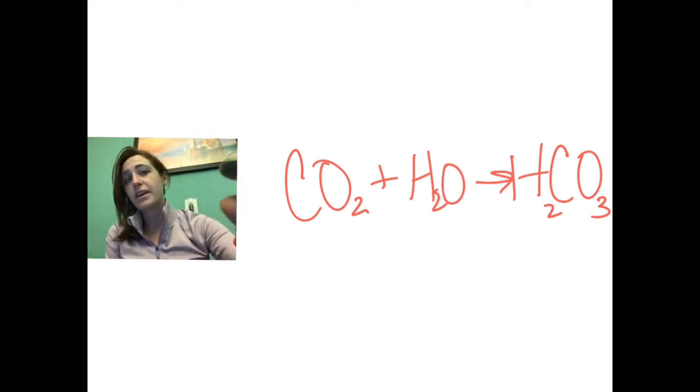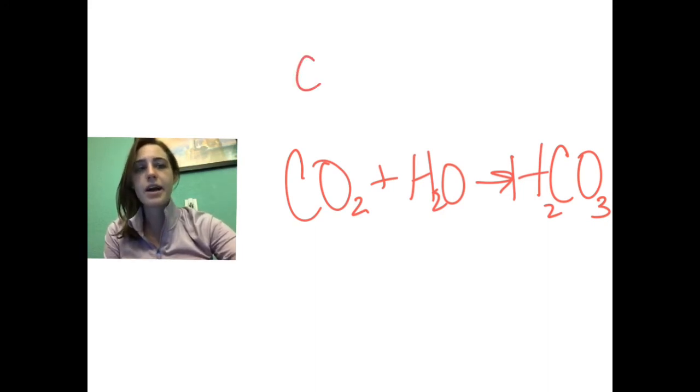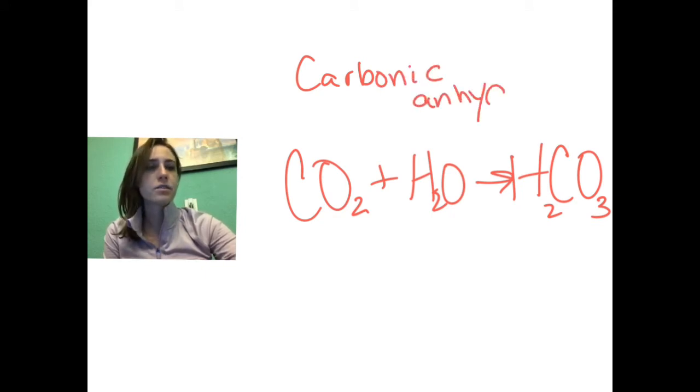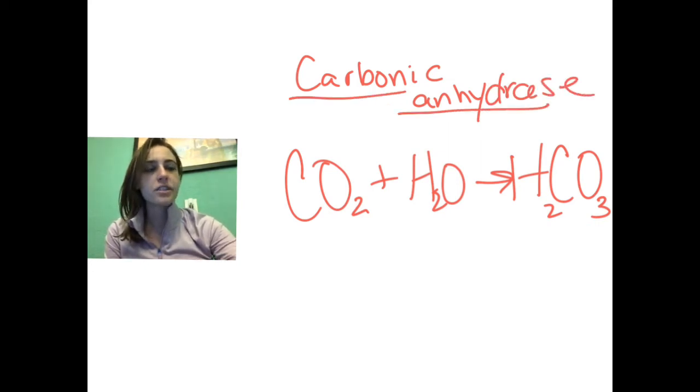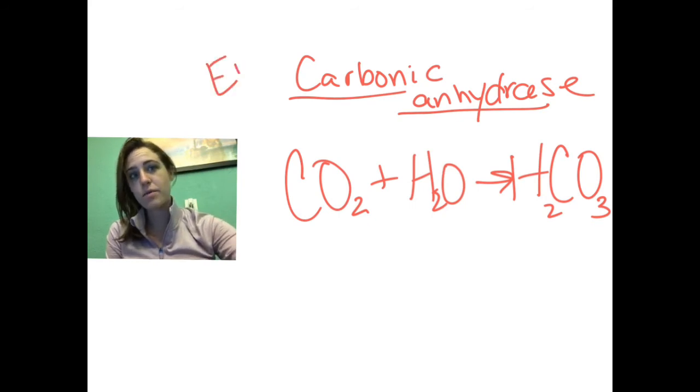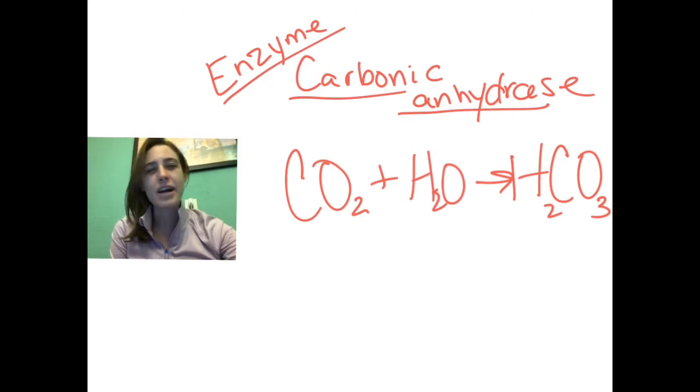Whereas if I add a catalyst to it, the catalyst I would add is something called carbonic anhydrase. Enzymes are what we call catalysts when they're inside living things, or I should say an example of a catalyst inside living things.